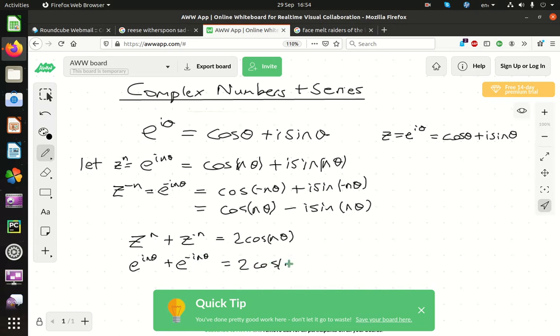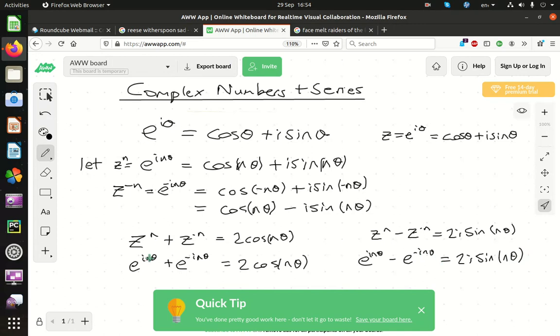And likewise, z to the n minus z to the minus n, you can just quickly work that out by subtracting, you're going to get 2i sine n theta. We can conclude that e to the i n theta minus e to the minus i n theta equals 2i sine n theta. They're really important results.